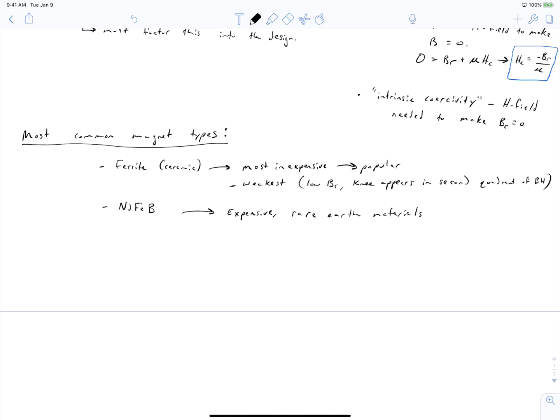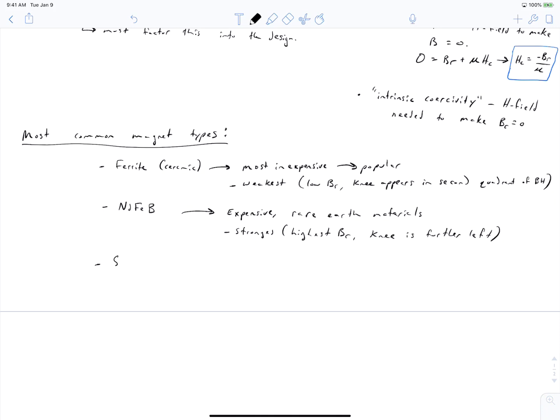But the payoff for electric machines is that these magnets are the strongest. They offer you the highest BR, and their knee is further to the left. And all this translates to a higher performing motor. That means more efficiency, that means more compact, and less usage of other materials.